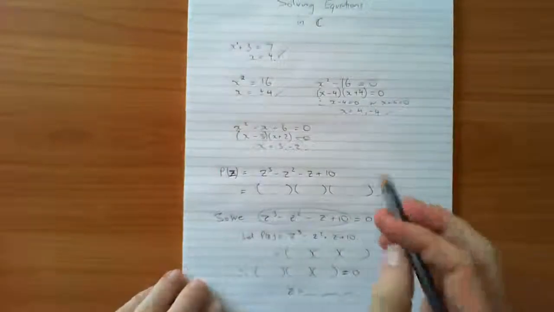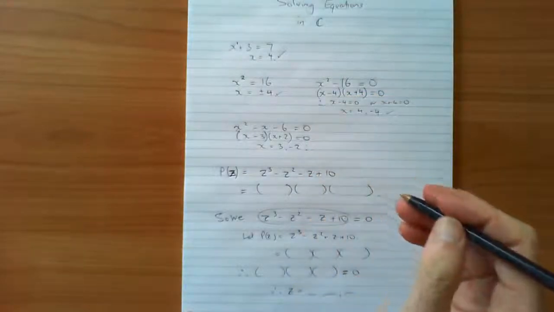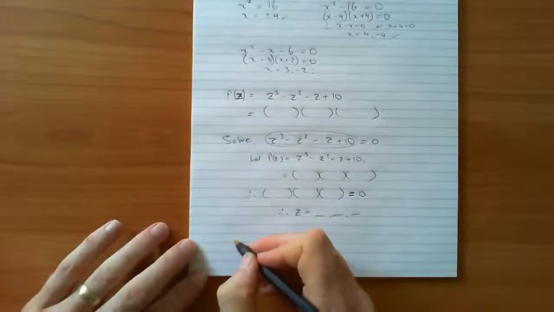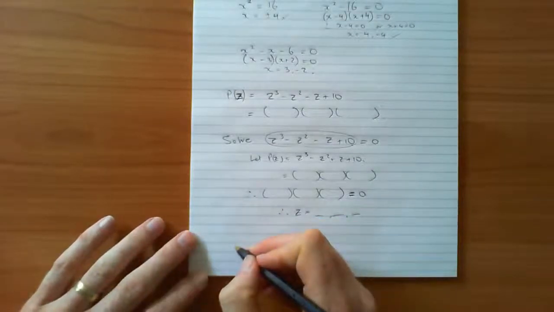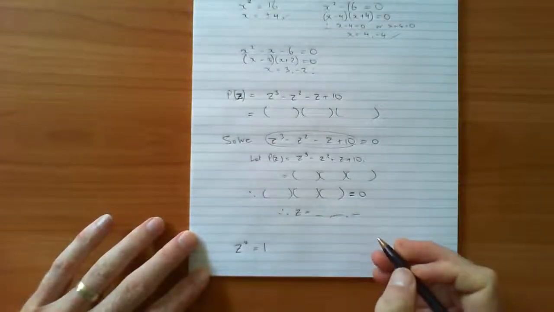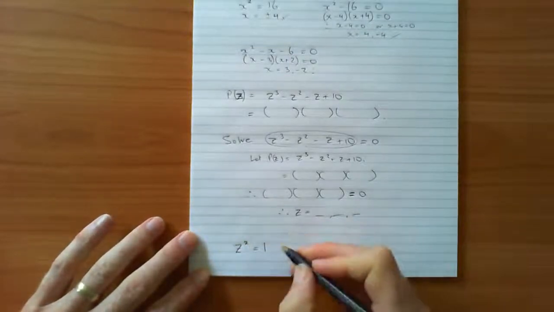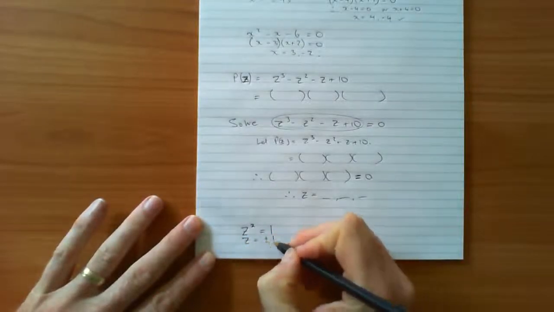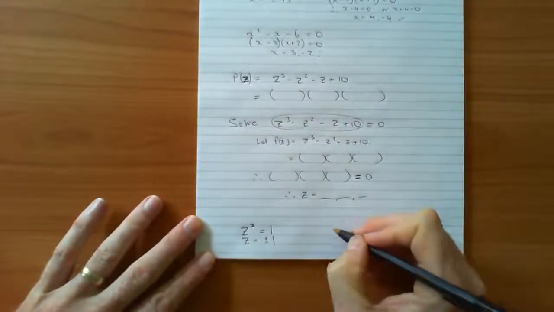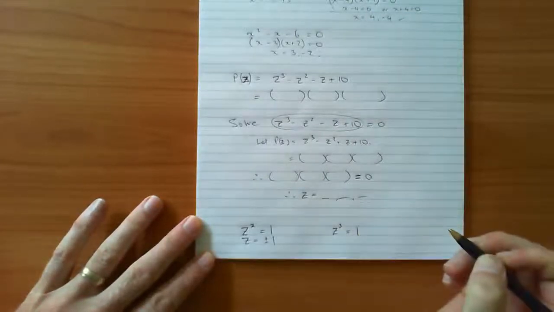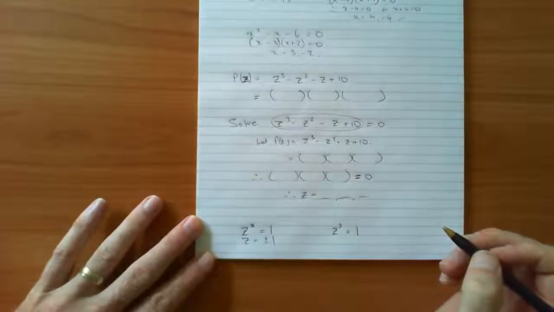However, what I want to look at now is a situation, and I'll give you a very, very simple example. Say we had z squared equals 1. Well, z squared equals 1, we can solve, take the square root of both sides, and we'd get z equals plus or minus 1. What if we had z cubed equals 1?